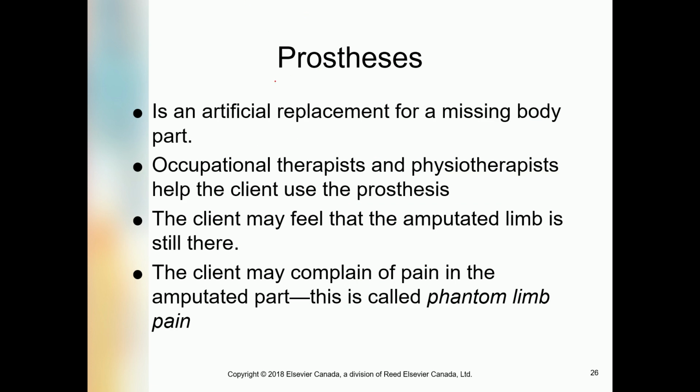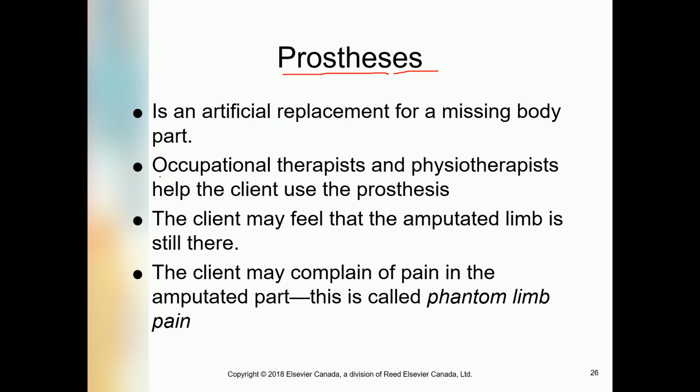Now, prosthesis. Prosthesis is the artificial part of the body when people have some amputation. It is an artificial replacement of the missing body part. That's terrible. When somebody has a cut leg, they are given an artificial leg.